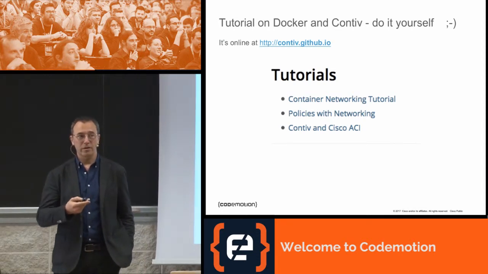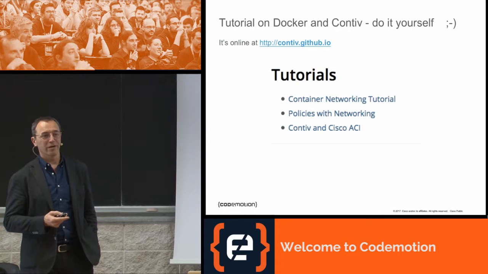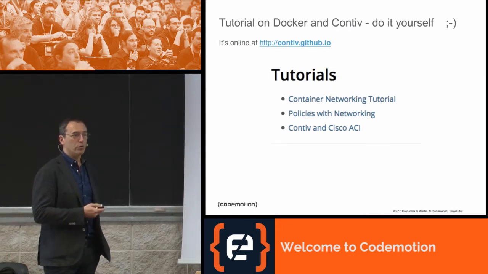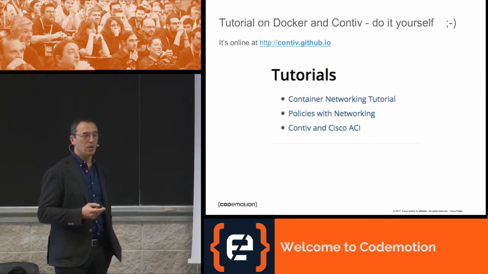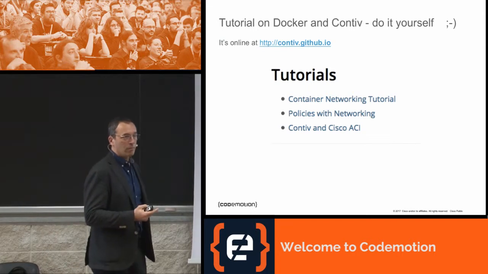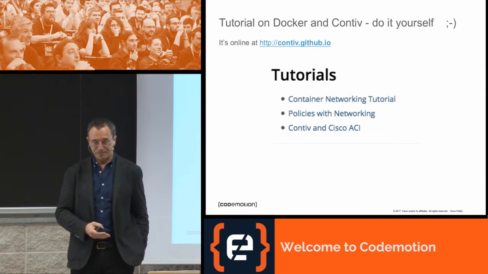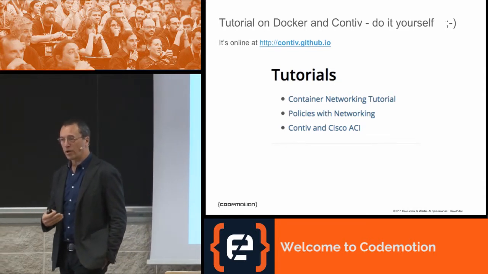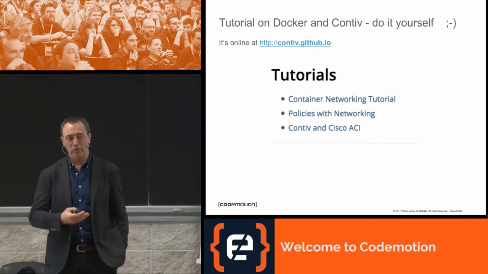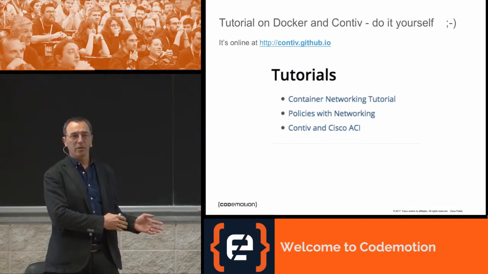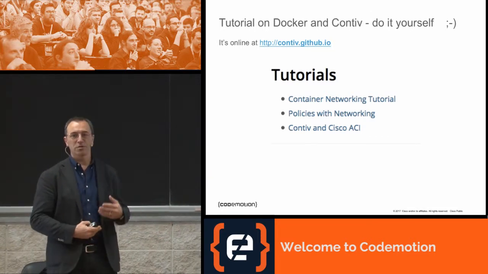But I very warmly invite you to download the tutorial because it's very easy. It is a couple of virtual machines running in Vagrant, so you can run them on your computer. And Contiv and Docker are pre-installed in the virtual machine. Of course, you can also start from a blank environment, install Docker yourself, install Contiv.